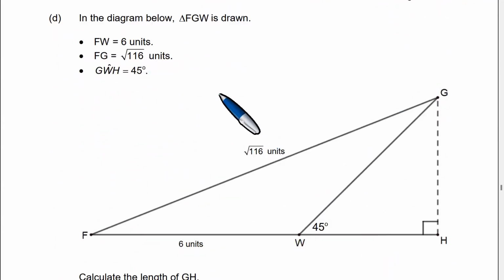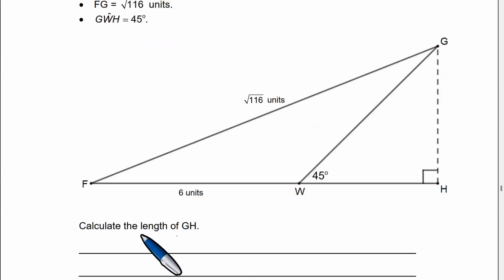Right, in the diagram below, we have the following. FW is 6 units, FG is the square root of that, and angle GWH is 45 degrees. Calculate the length of GH.